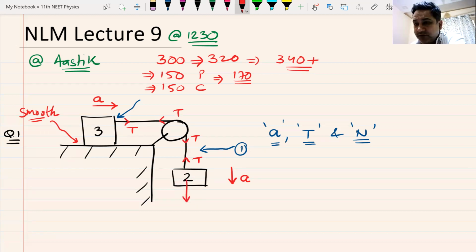Gravity pulls it down, and the weight, mass times g, is 20. So 20 is downwards. I hope you can see this. And acceleration is also downwards. Yes or no?